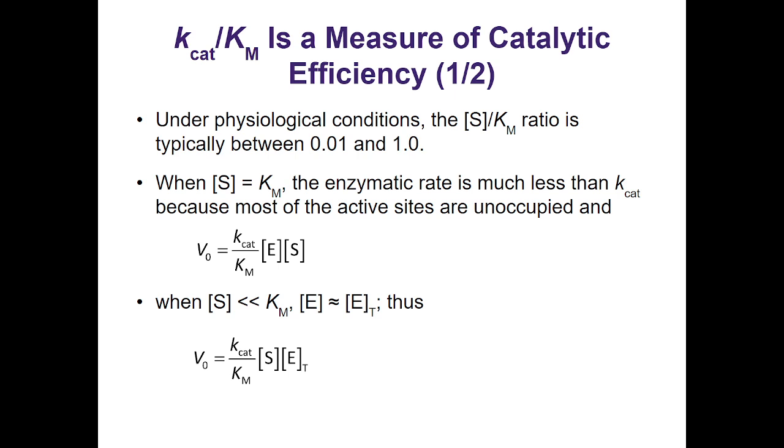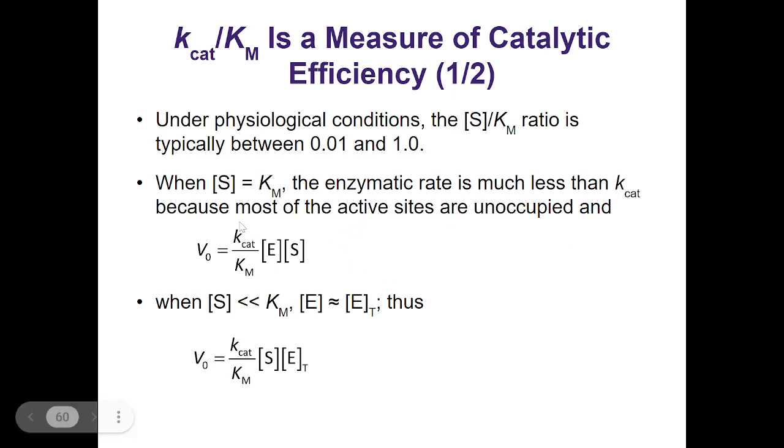So under physiological conditions, the concentration of substrate over Km ratio is typically going to be between 0.01 and 1. So when S, the substrate concentration, equals Km, the enzymatic rate is going to be much less than the Kcat. This is because most of your reactive sites are unoccupied, and so you're not maxing out the amount of substrate your enzyme can convert to product at any given time, right?